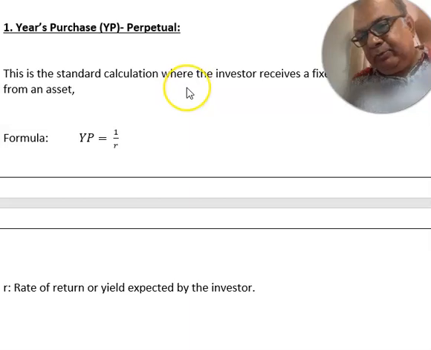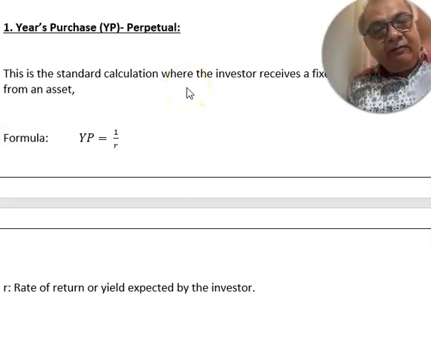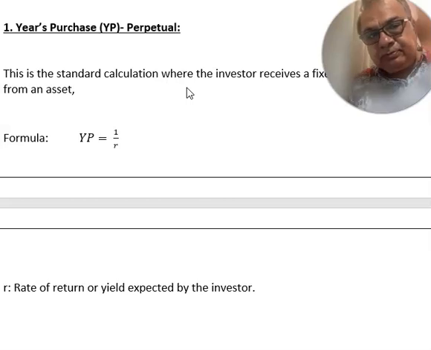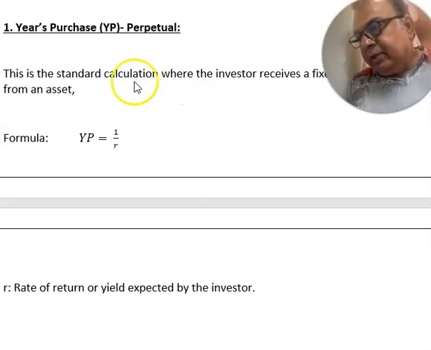When perpetual means an indefinite period, yes, you can say more than 99 years, 100 years, this formula is used.